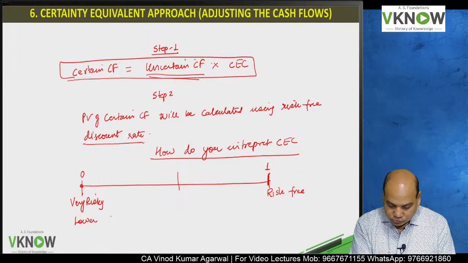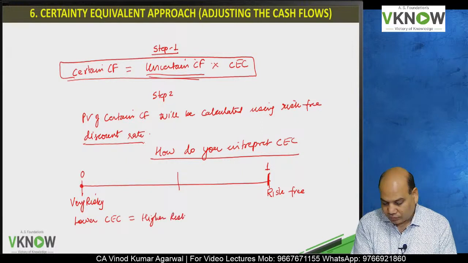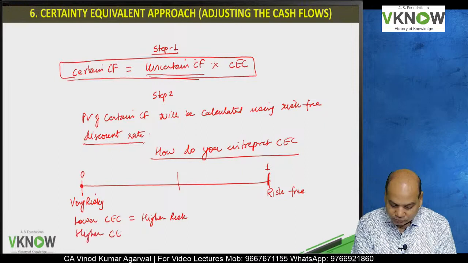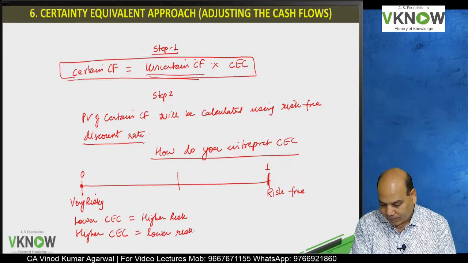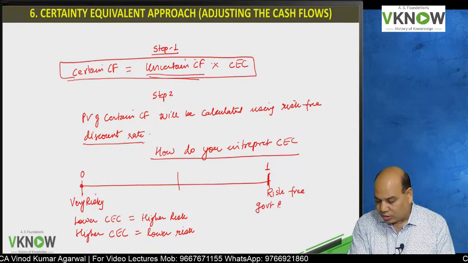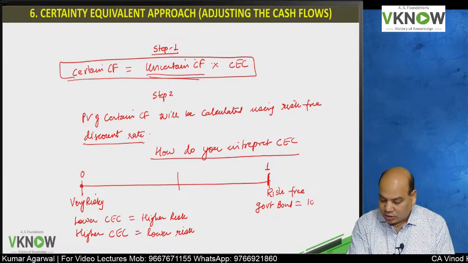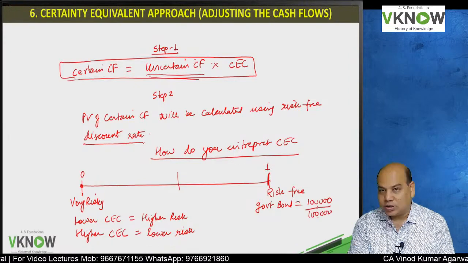Lower CEC means higher risk, and higher CEC means lower risk. For example, a government bond. In a government bond, they will pay you 1 lakh rupees interest after 1 year, and certain and uncertain are both equal.